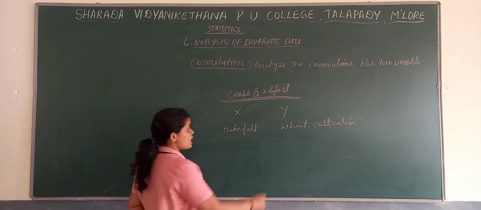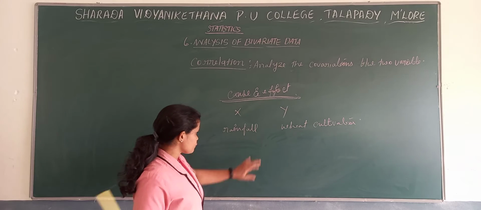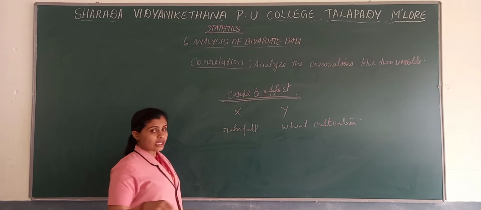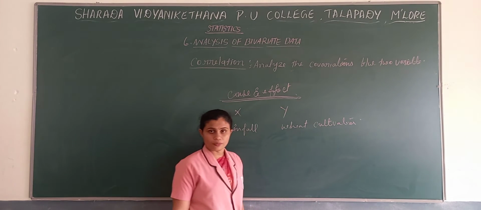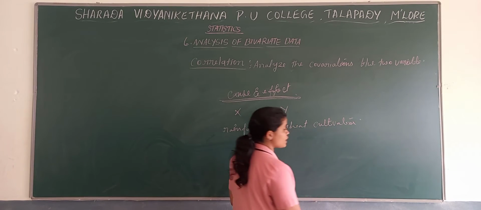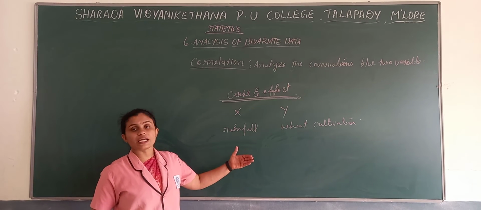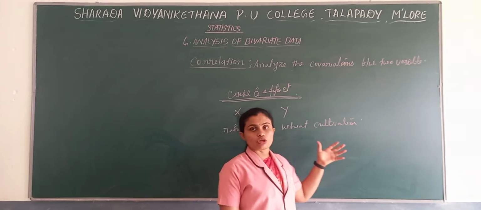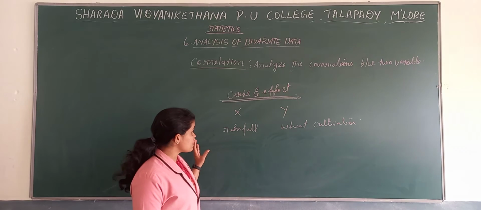Now, there is a cause and effect relationship, because if the amount of rainfall increases, your wheat cultivation will be good. Means we can expect a better crop in case of wheat. But if they fail to get a good amount of rainfall, we may not get a good crop. So there is a cause and effect relationship.